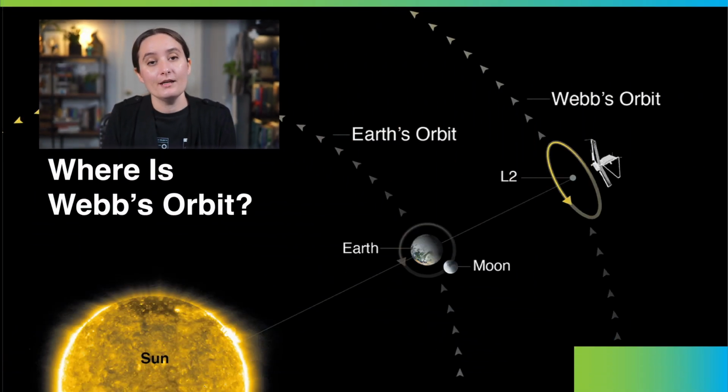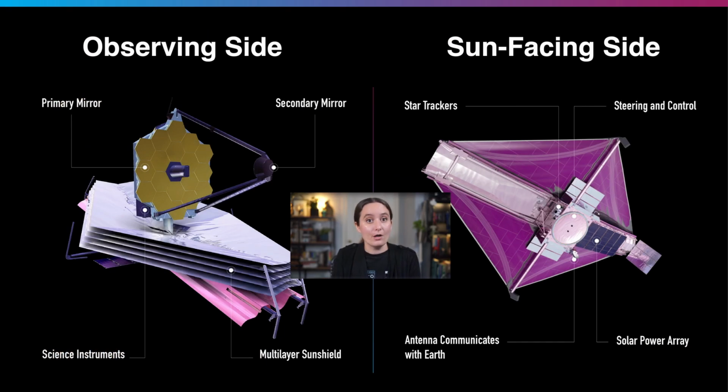And if you want to observe something other than the telescope itself, you have to get Webb very cold so it won't glow as much in infrared light. So that's why it has to be so far away. And also why we have to have this tennis court sized sun shield to block the light from the sun and the earth and the moon and keep the science side of Webb and its mirrors very, very, very cold.